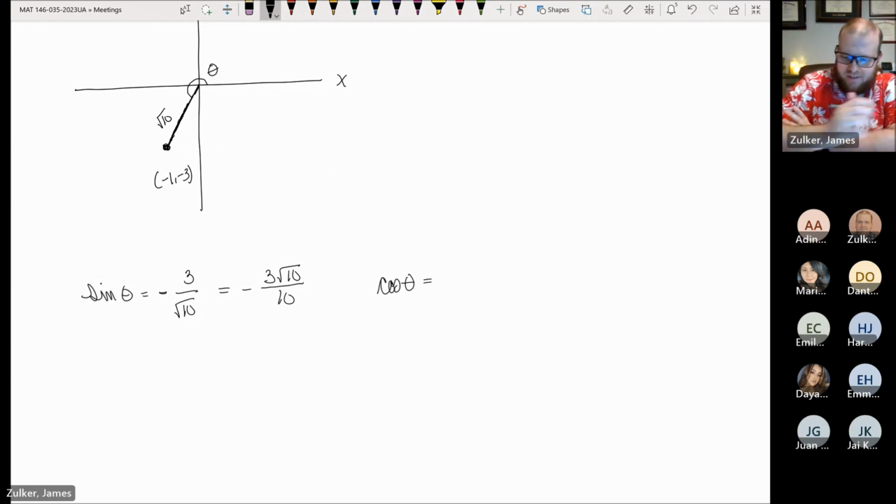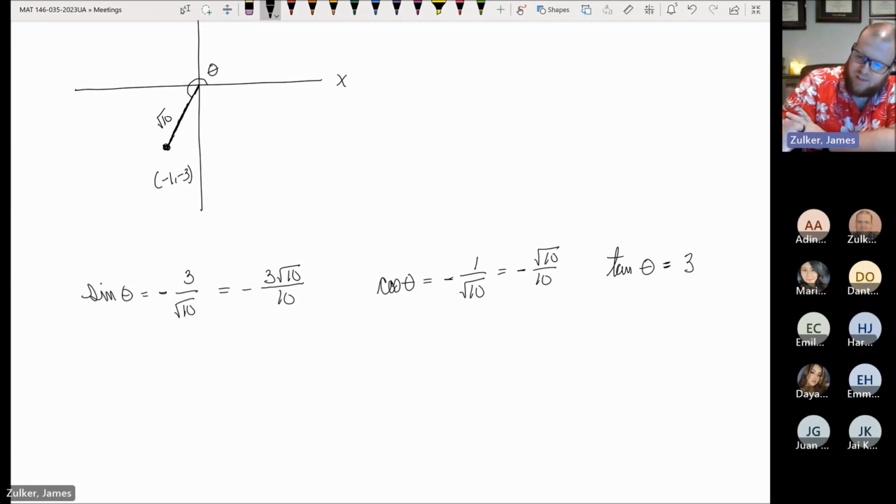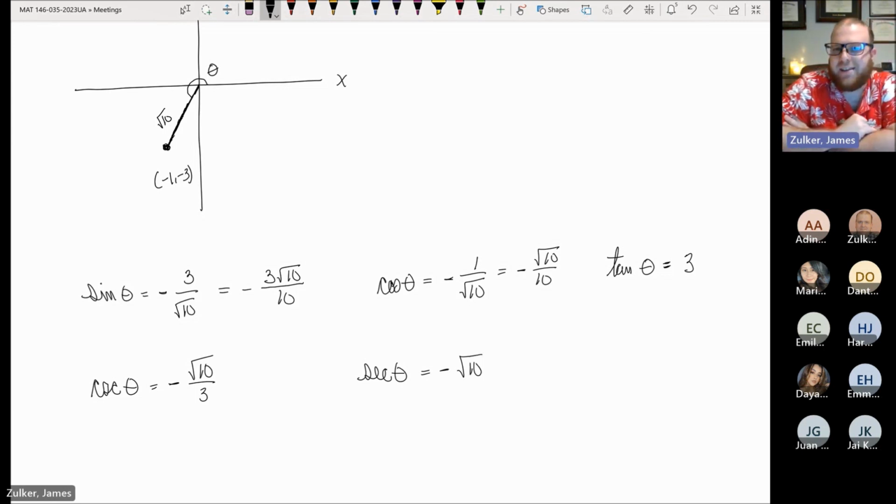Cosine of theta is -1 over √10. Tangent of theta is 3, right? -3 over -1. Cosecant, -√10 over 3. Secant, -√10.